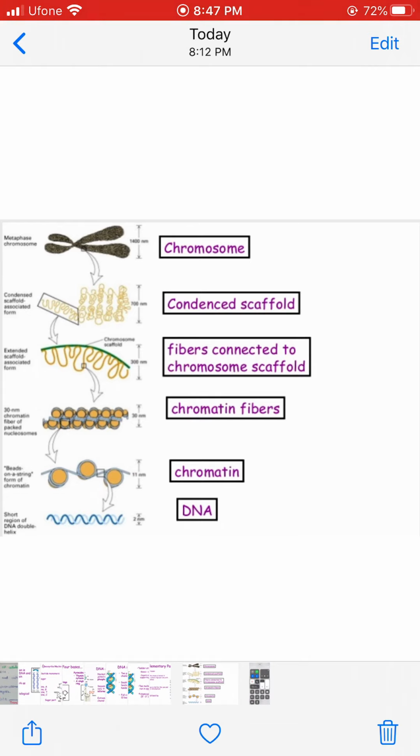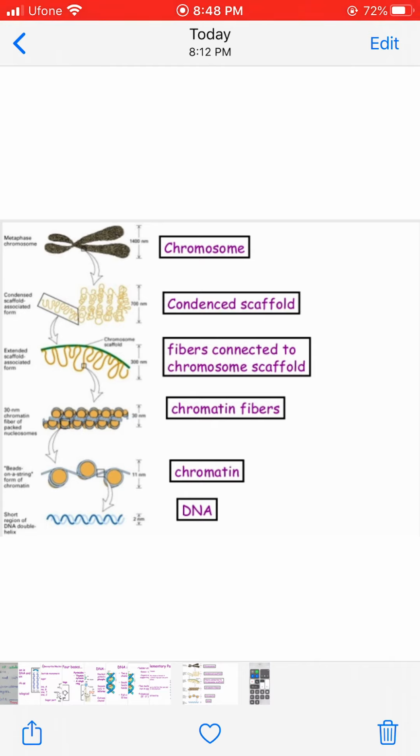First of all, DNA is bound around beads on a string, in the form of chromatin, and these are made up of different types of proteins. DNA is arranged around different types of proteins, and the protein plus DNA mixture is known as the nucleosome, where the DNA is arranged around proteins.